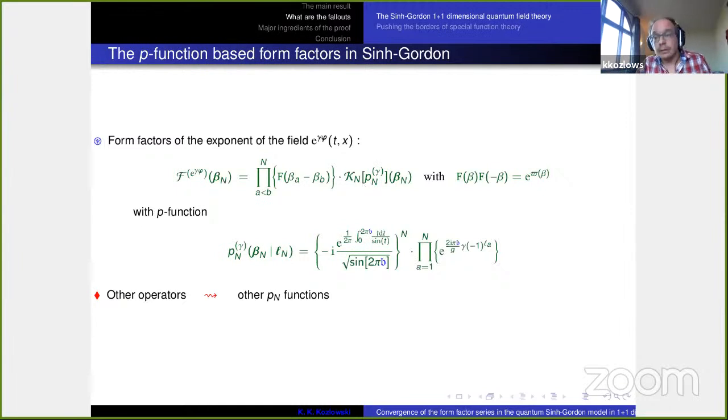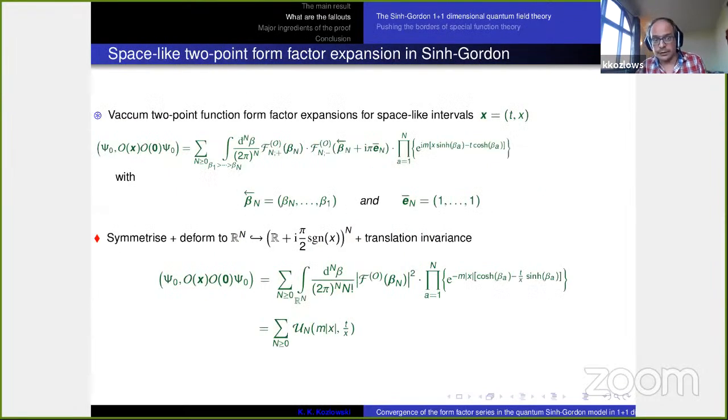Okay, good. So then there is a closed expression for the integral kernels of this operator. So you can compute the Wightman functions of the theory.